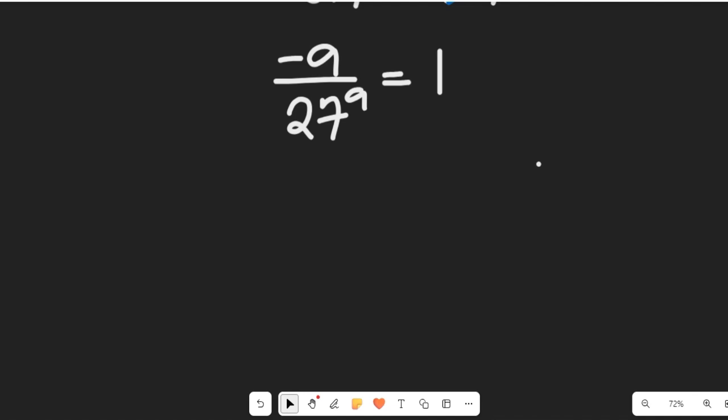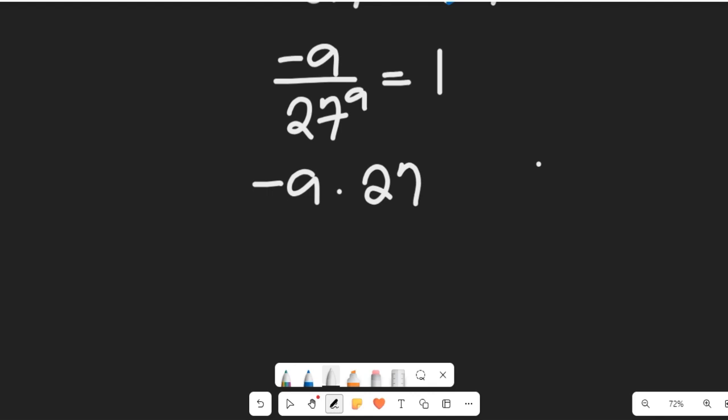From this expression now, we can see that this can give us negative a multiplying 27 to the power of negative a, right? And this will be equal to 1. We haven't changed anything because 27 to the power of negative a is still 1 divided by 27 to the power of a. Now, if you look at that expression very well, I want to consider using one simple logic.